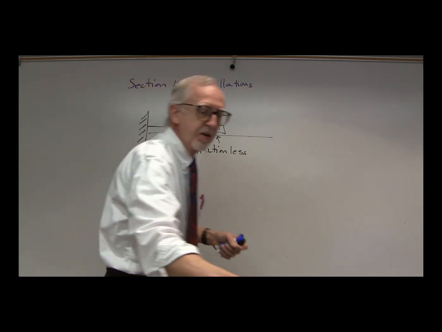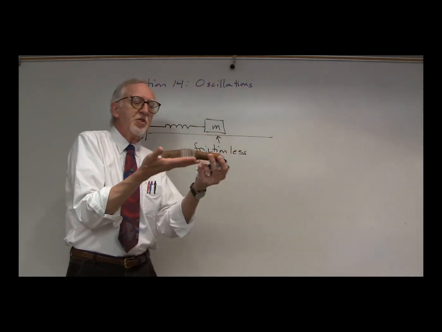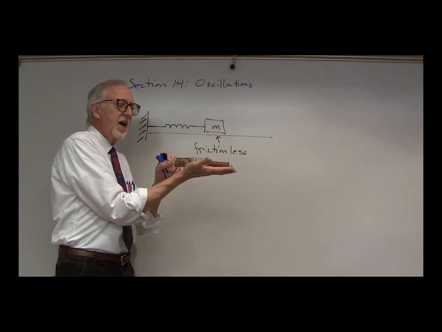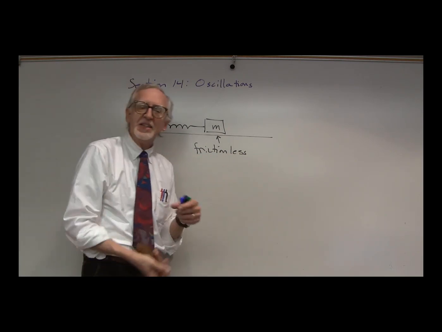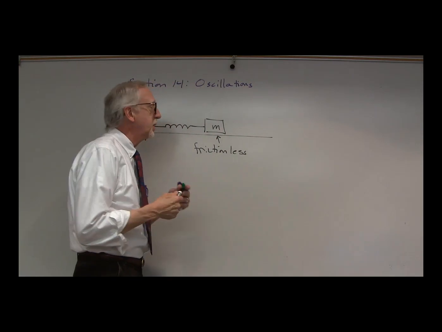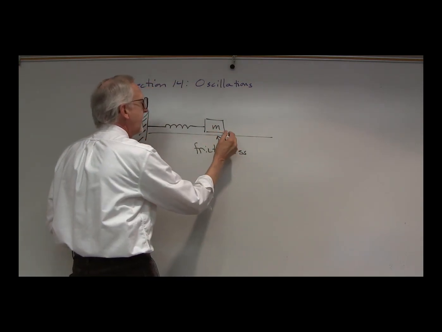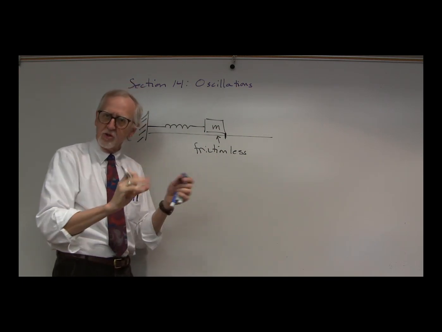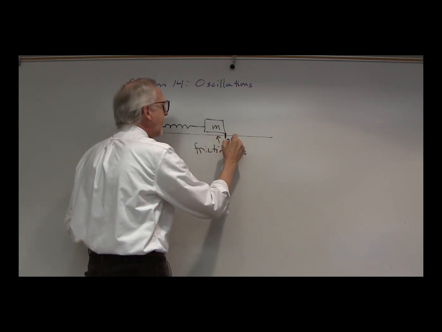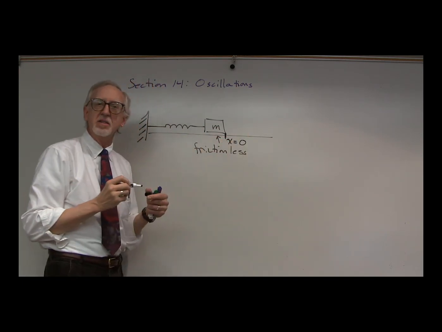Let's imagine that there is some length of the spring that the spring will take when there is no force acting on it, what we would call the rest length or the equilibrium length. So we'll assume that the position of our mass when it's at equilibrium, in other words, no force acting on it, we'll set that as our x equals 0 position.